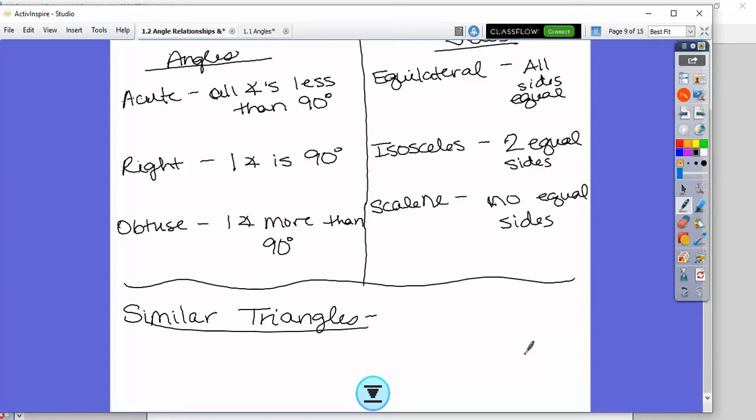So similar, that's when all of the angles are congruent. So triangles with equal angles and proportional sides.